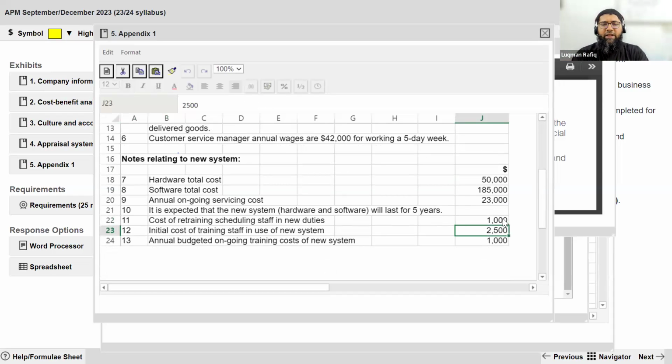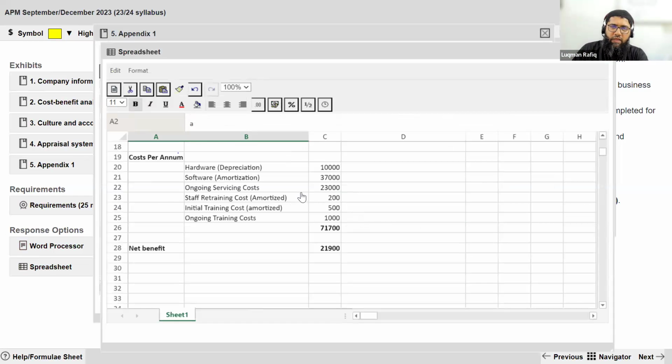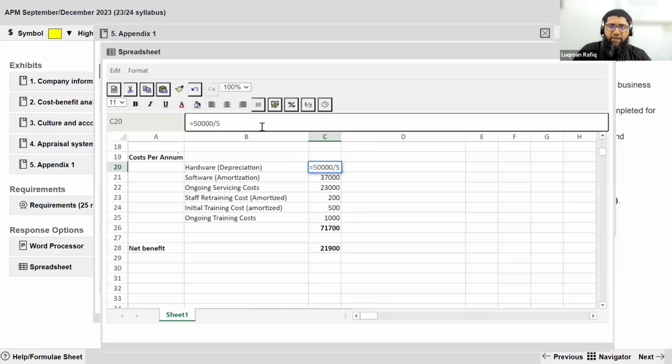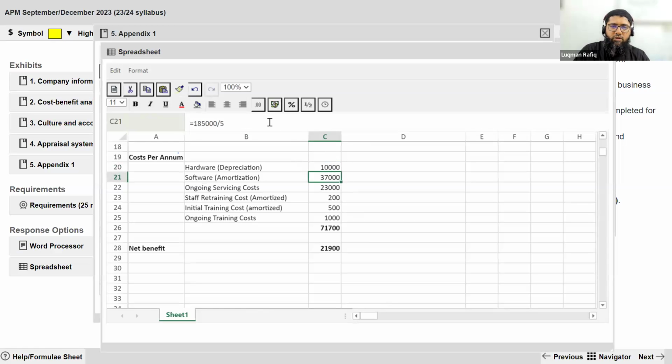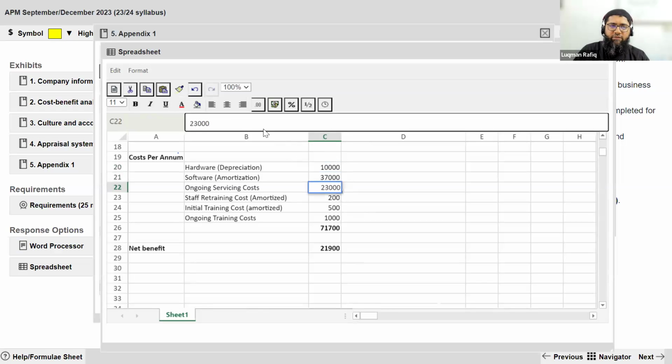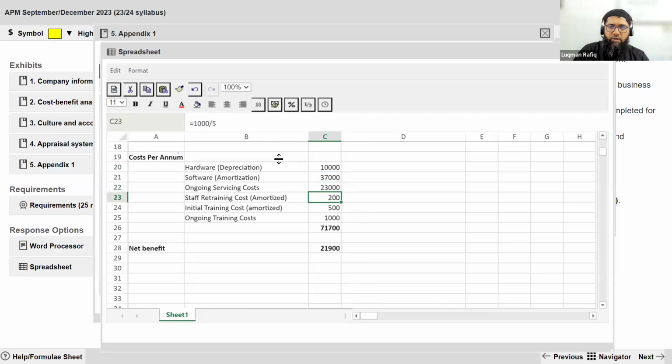This initial training cost is going to give me benefit for the next 5 years, and so on. The hardware I divided by 5 years. Software also divided by 5 years. Ongoing servicing cost was an annual cost. Retraining cost 1000 divided by 5. Initial training cost 2500 divided by 5.